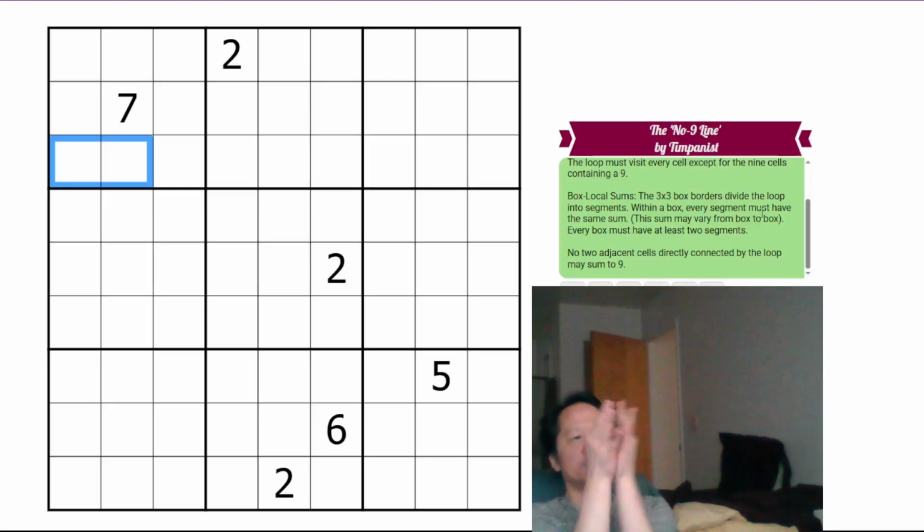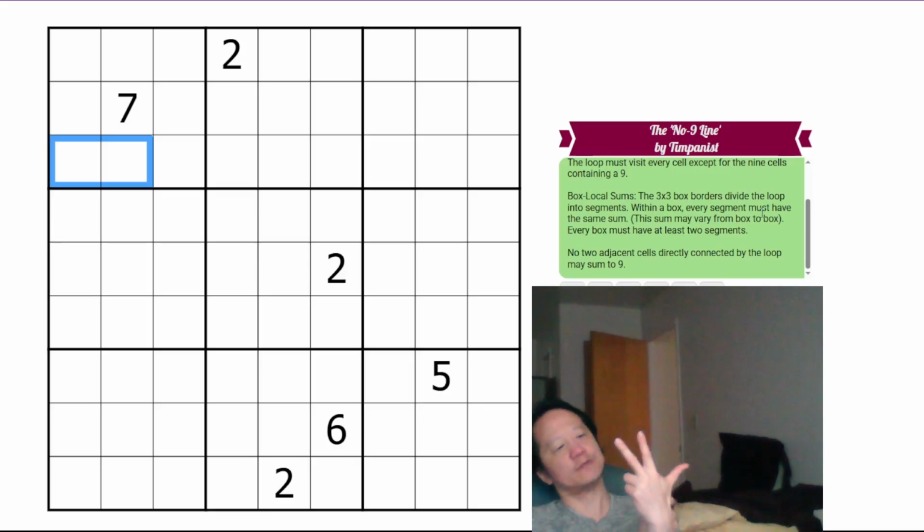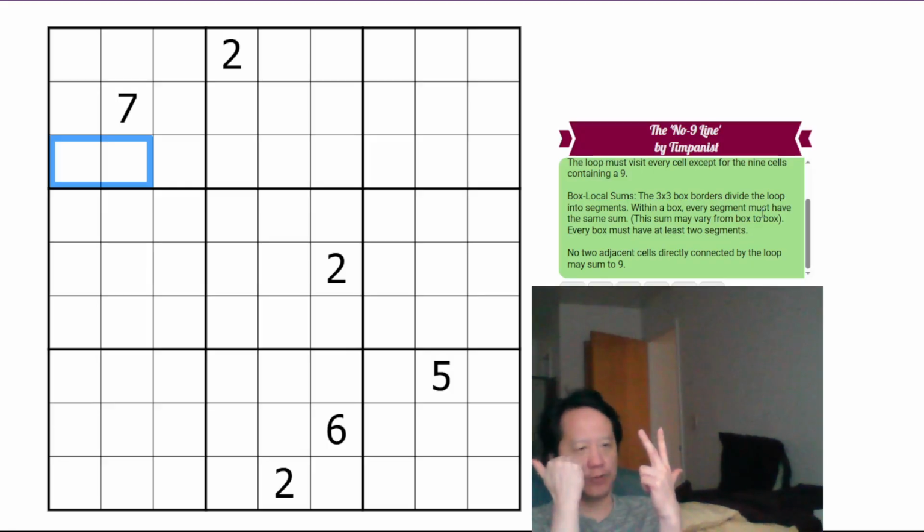So if you divide into 3 segments, the problems are 8, 7, and 6, right? 6 cannot be added with one other digit. So it would either be with 1, 2, and 3, or with 2 and 4, or 1 and 5.